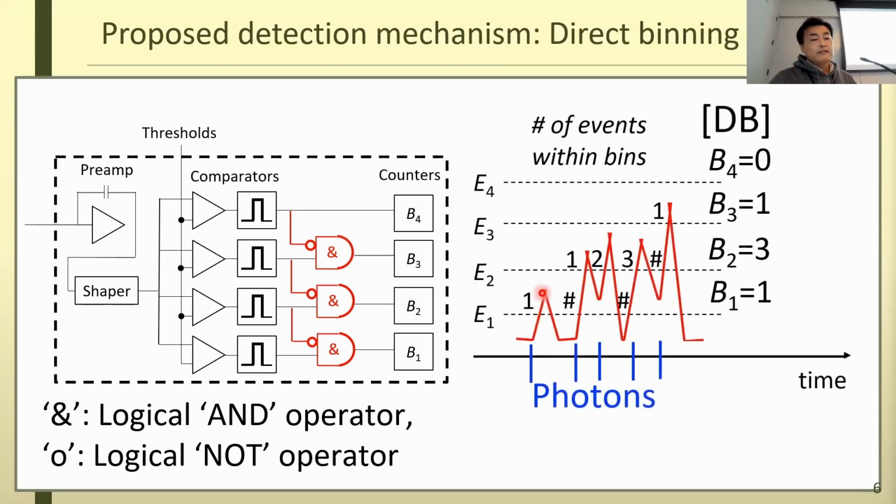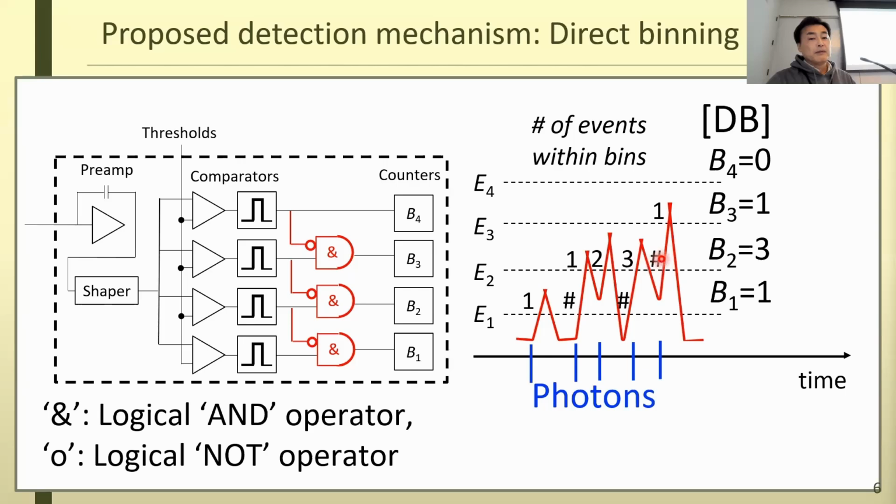So when the upper threshold is not observing the pulse, this counts as one count in bin 1. But this pulse, rising and crossing this point, will also pass the next threshold, such that the next energy window is responsible for this pulse. This one is not, so it's not going to be counted.